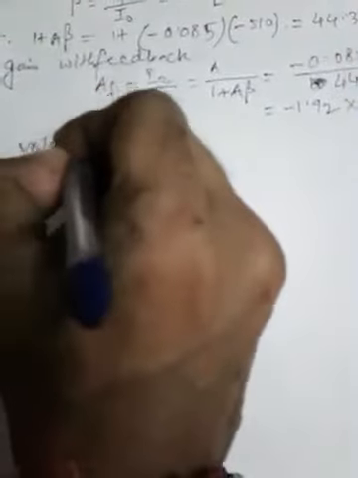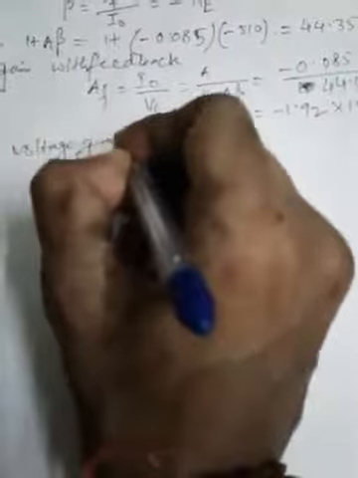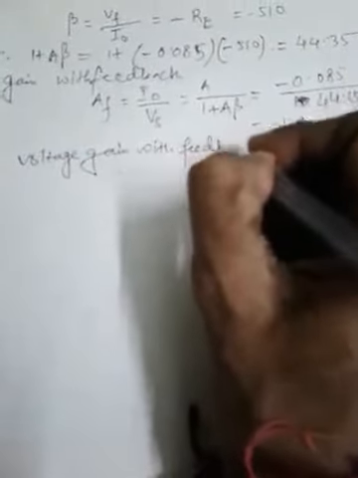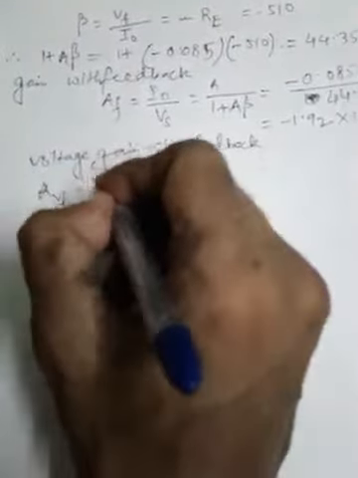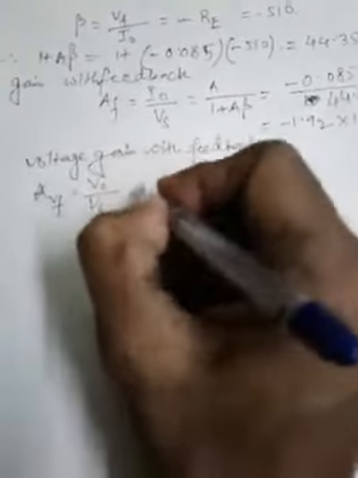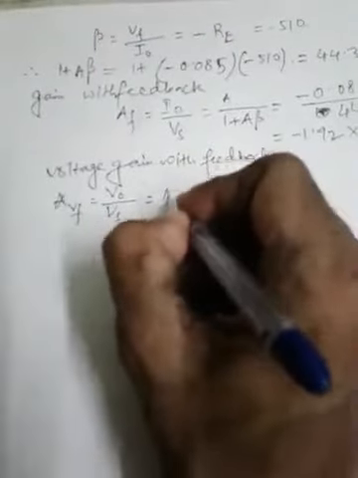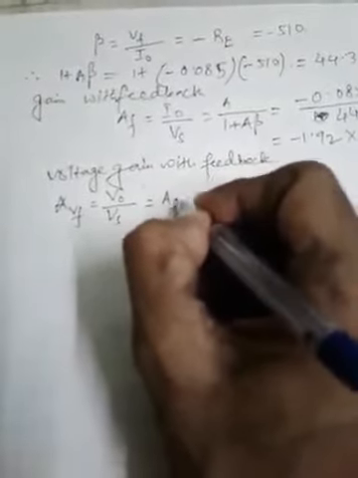Now we need to calculate the voltage gain with feedback, which is AVF, that is given by VO by Vs, and the formula is gain with feedback AF into RC.